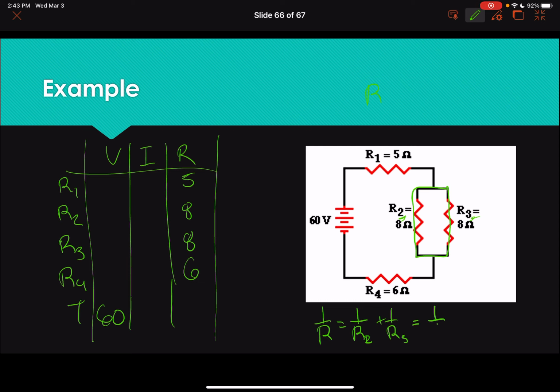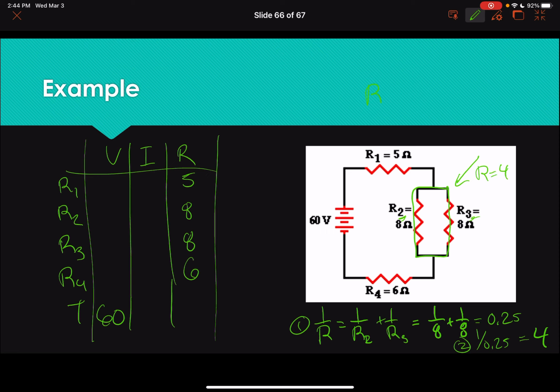So it's 1 over 8 plus 1 over 8, which ends up giving us 0.25 if you put it in your calculator. Remember that the second step is we need to do 1 divided by this number. So we get 4. So that means that this parallel branch acts as if it has a resistance of 4.